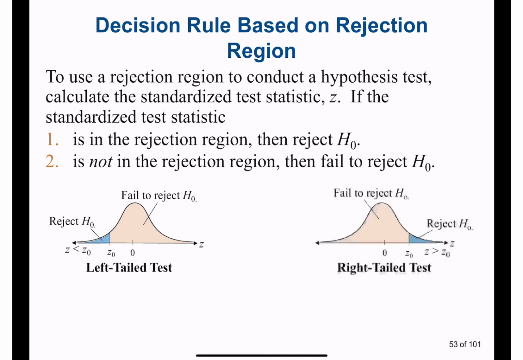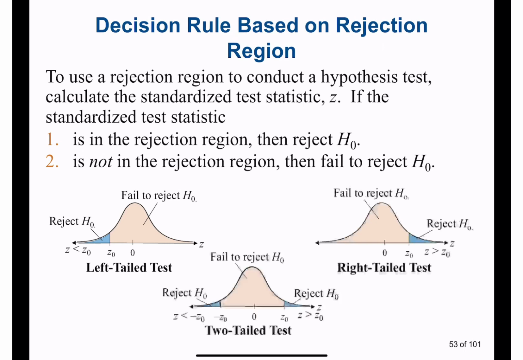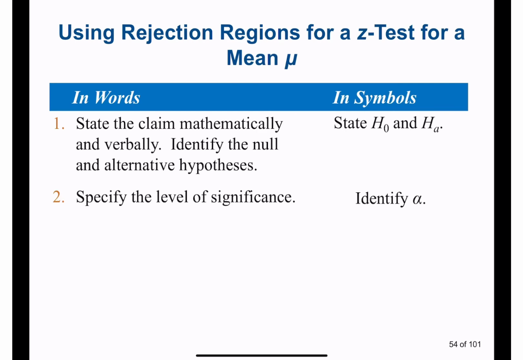Left tail, right tail, we already know. Two tails, we're already familiar. So if our z-score, that is the z-score of the p-value, is less than this z-critical, then we reject. If it's greater for the right tail, then we reject. And if it's falling in the rejection area, in the error area, then we reject. So let's solve examples. That will be the best.